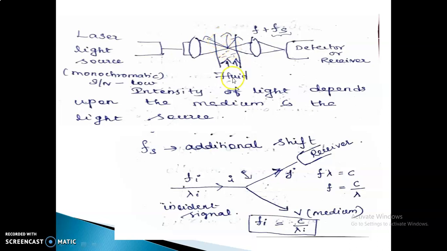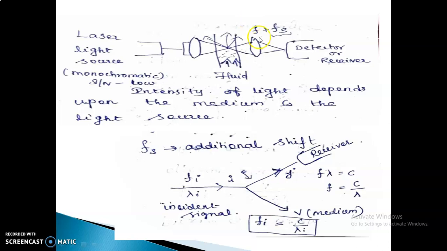This is the path of the fluid. Here only we are going to measure the velocity of the fluid. After that, the rays coming out from the fluid are captured via the lens. Finally, they are received through the detector or receiver.